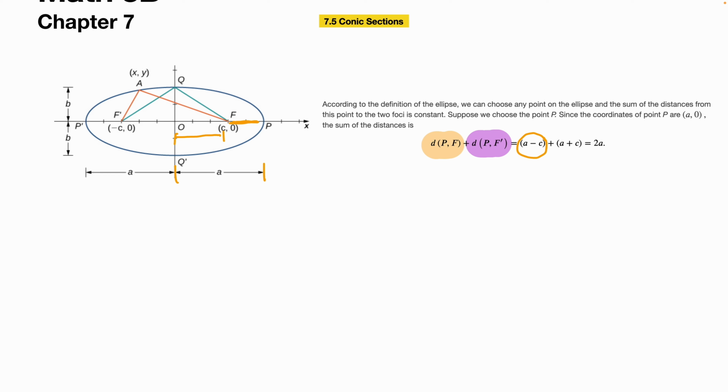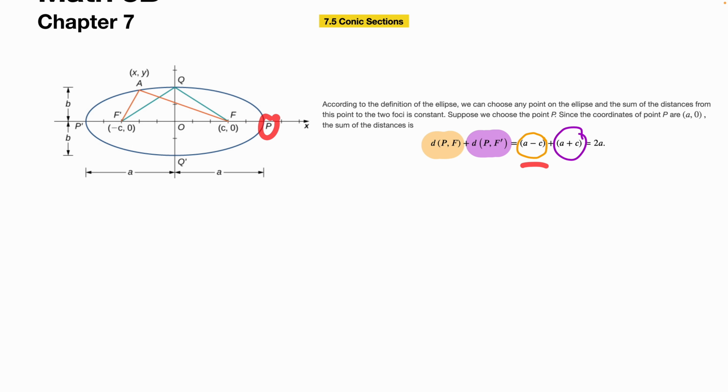All right. So if we take that point, we can look to one focus, and then we can look to the other focus. And we can see to the other focus, we have all of A that needs to be covered, all of A. And then this distance here is C, and that's how we get A plus C. All right, so again, this point, how far is it to one focus?